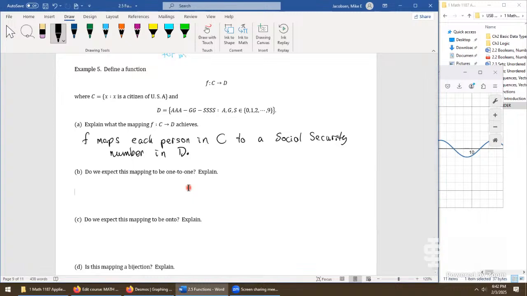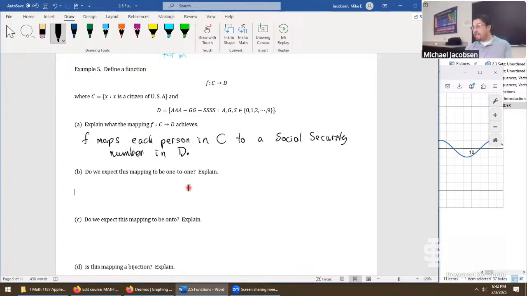They can't have the same one. Exactly. It'd be madness if one social security number could be 2 or more people, right? So one of the very strong requirements of a function like this in government is, just like you said, it absolutely has to be one-to-one, or the whole system has just totally failed on us. So let's say here, yes, this must, that's always a strong word to write down, but it must be one-to-one.